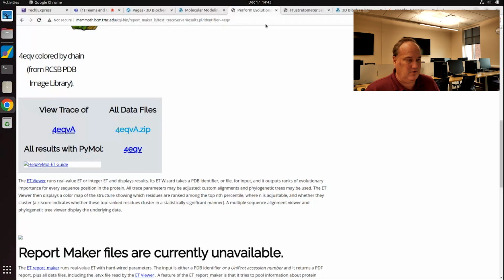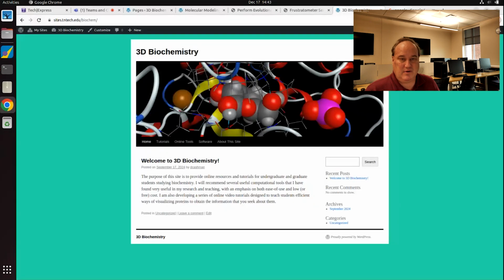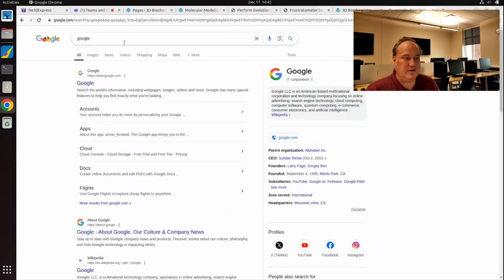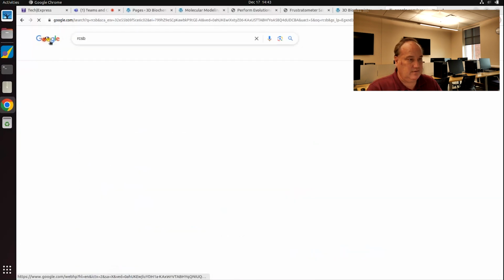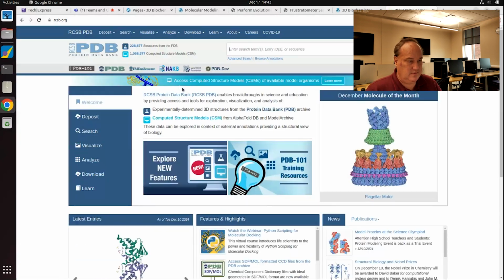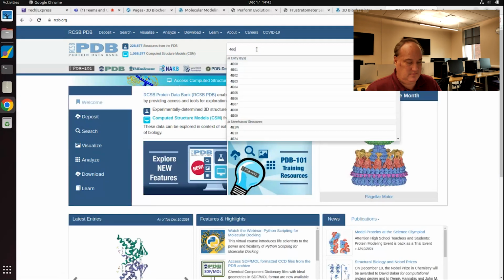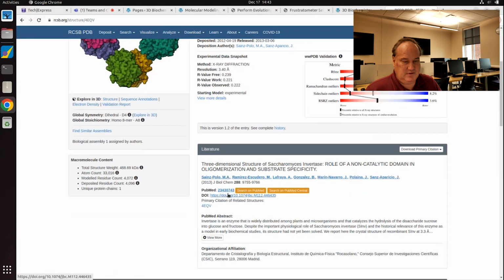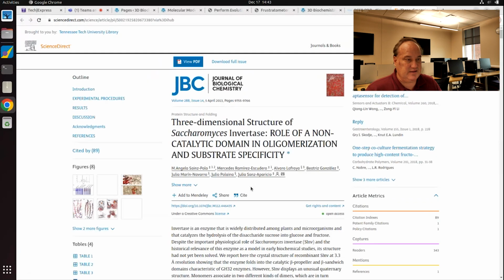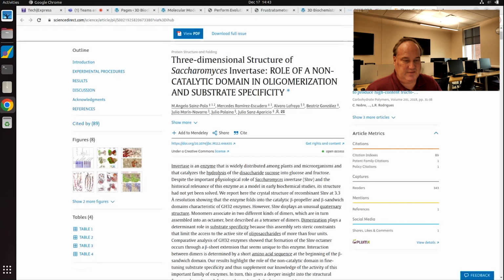Now, remember when we looked at that paper in the Protein Data Bank. Yep, here we go. Remember this paper? If we click on it, you should read this paper, because it tells us a lot of information.